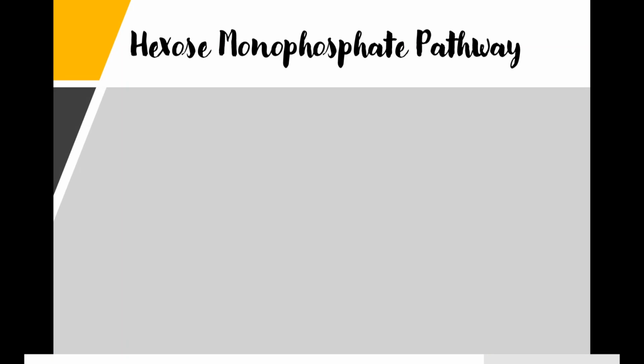Now, the hexose monophosphate pathway. It is also called the pentose phosphate pathway. Okay, now what is the importance of this pathway? Every day, class, your RBCs and your other cells are exposed to oxidative stress brought by oxygen-free radicals. What are these oxygen-free radicals? These oxygen-free radicals are basically byproducts of oxidation when oxygen interacts with molecules during a certain metabolic process.